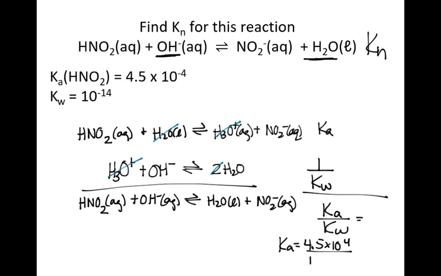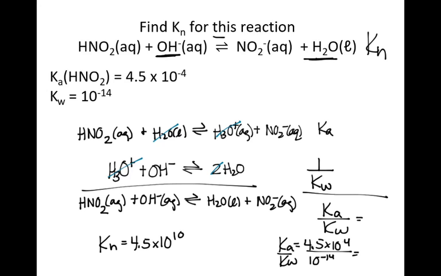And if we divide by Kw, 10 to the minus 14, then we see that the Kn value here, kind of ran out of room, Kn ends up being 4.5 times 10 to the 10th power. This is a very large K. So that means that this neutralization reaction basically goes to completion.